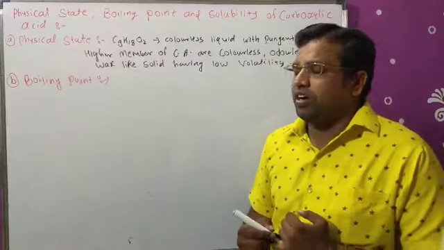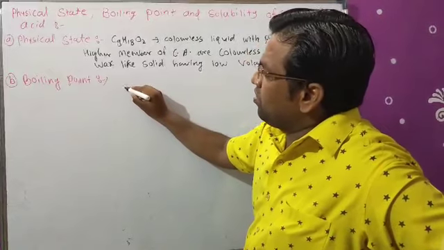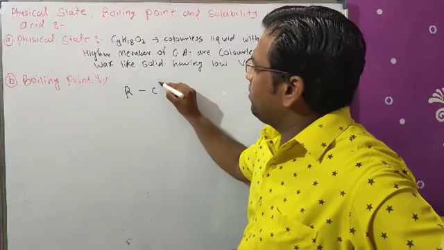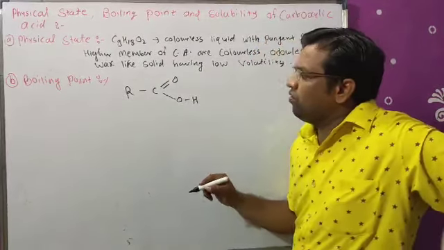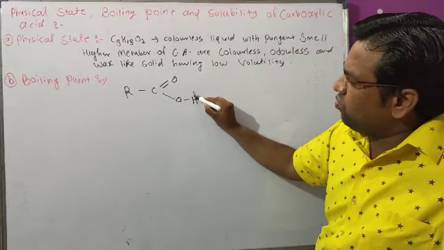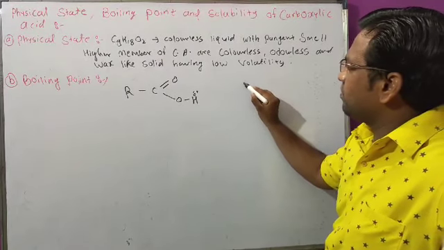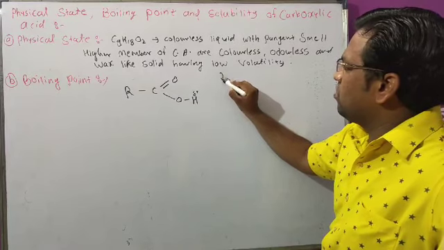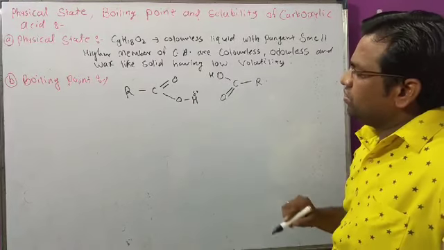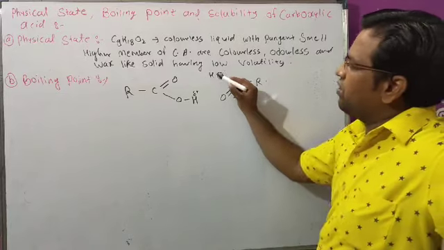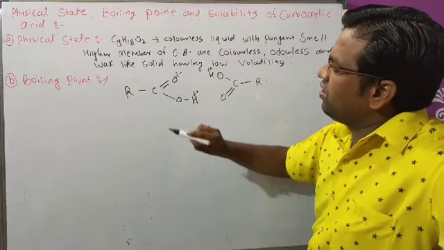Now see the structure of the carboxylic acid: C double bond O, and OH. The hydrogen atom is called the acidic hydrogen atom and carries a partially positive charge, and the carbonyl oxygen carries a partially negative charge.